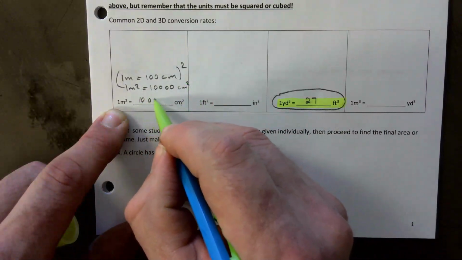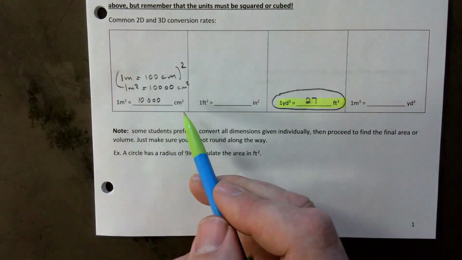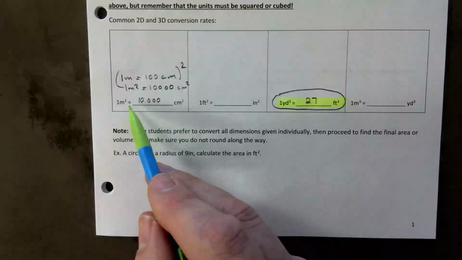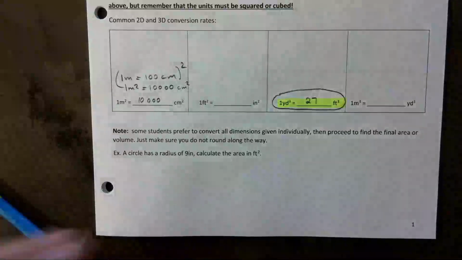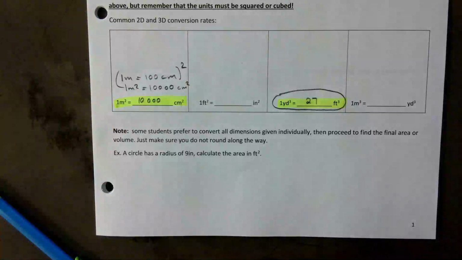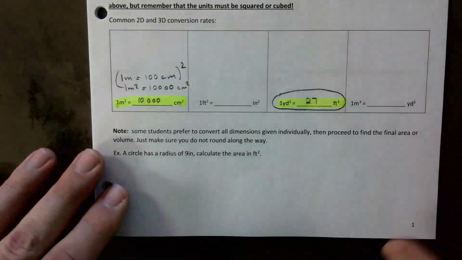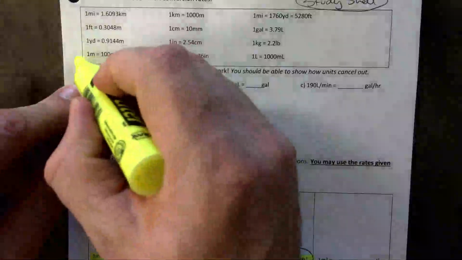So you gotta watch out. Don't just think, oh, a meter, it's 100. If it's squared, you need to go with what you know and square it. So this is another one that I would say have it on your study sheet just in case. So you've been warned. These two, as well as this whole table at the top here.